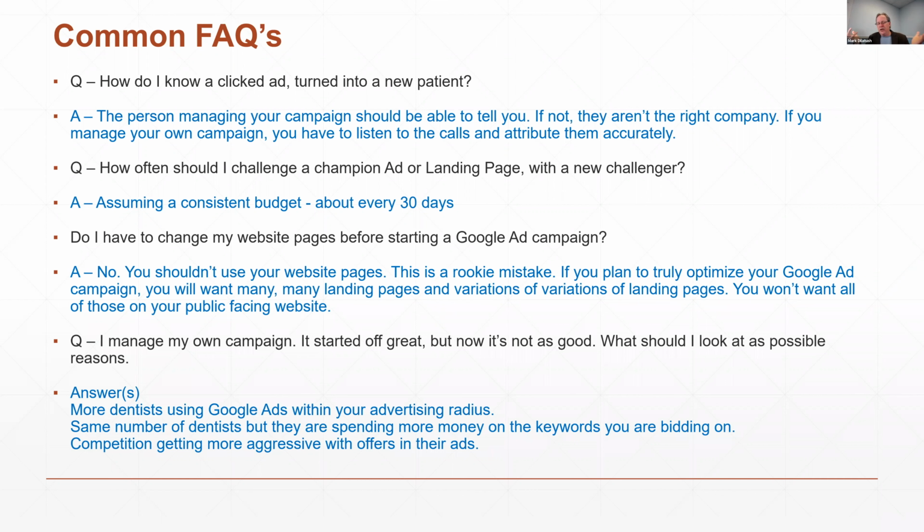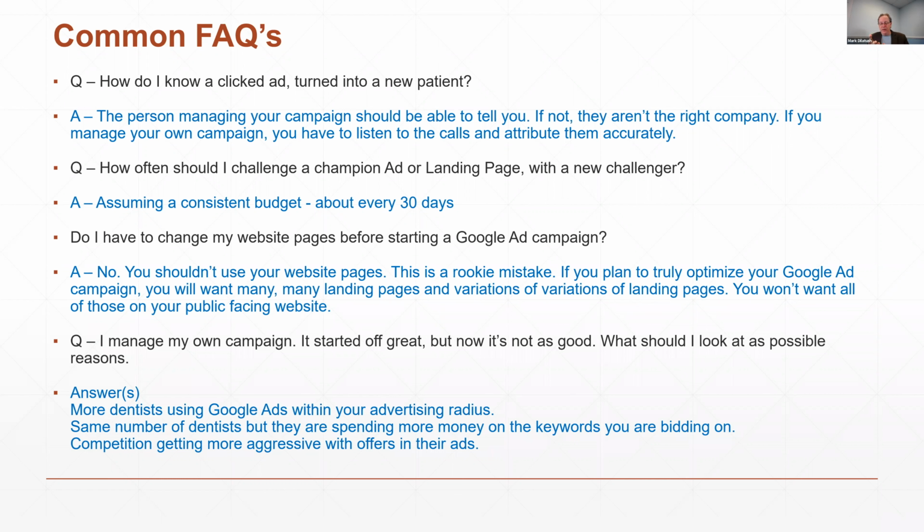Here's the biggest one. The competition is getting more competitive with their ads. So let's say you started your campaign and none of the other dentists that you were competing with were even mentioning a reduced price in their ad copy, right? And then all of a sudden, Dr. Bob says, implants, $19.99 complete, right in his ad copy, okay?